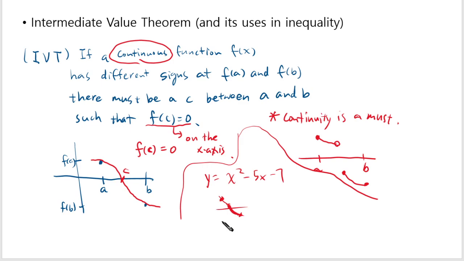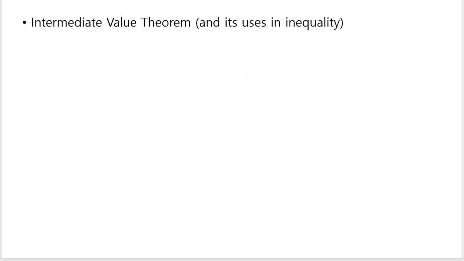So this intermediate value theorem is already being used in Algebra 2 or even before without you realizing that you're using it. Now the second place where you'll be using the intermediate value theorem is in inequalities. And this is again something that you've been using without realizing it. So let me show you how it's done.